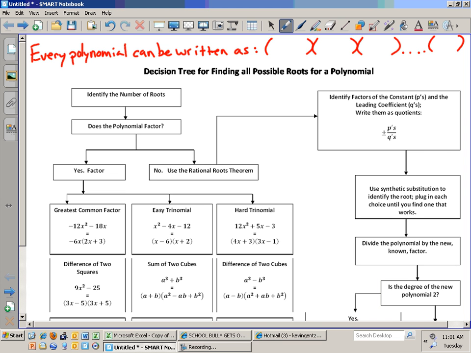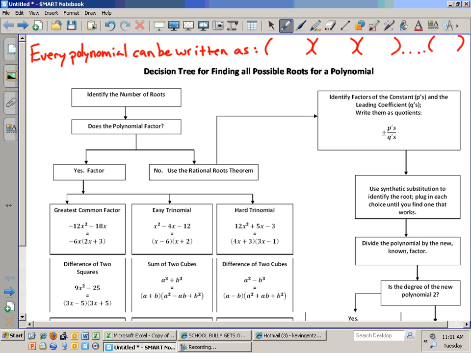And that's really shorthand for a larger, more complicated mathematical thought that you learn when you take a course called abstract algebra in college. And what it really says is that a polynomial can be factored.